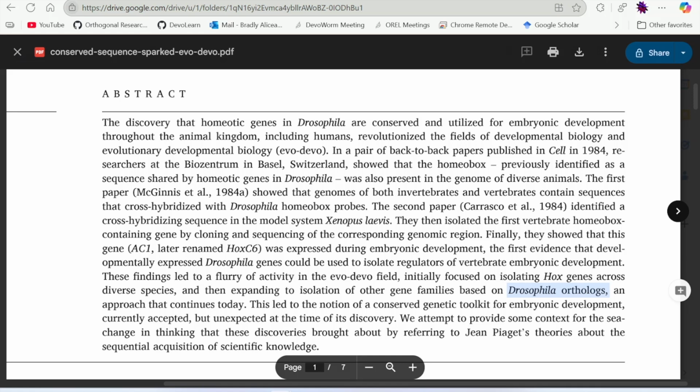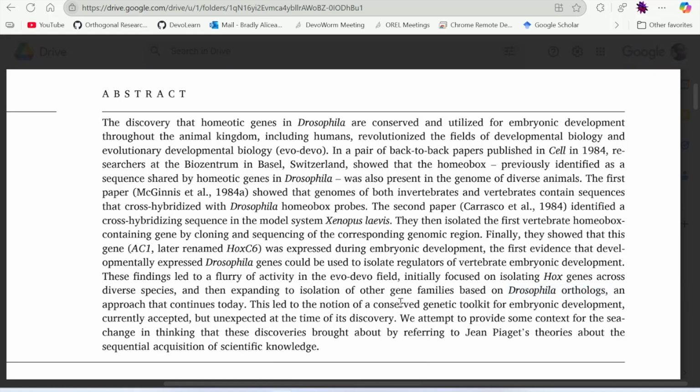They might have a little bit different sequence, but they do have this common function. So we can also use orthologs to look at the common ancestry of these different Hox genes and things like that.